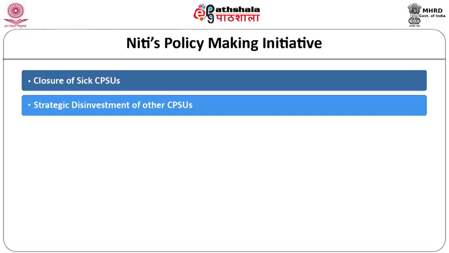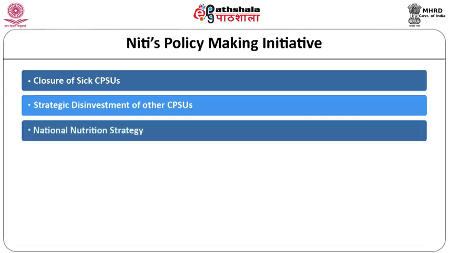By disinvestment, it is going to shed some of its share in terms of percentage, involving other financial institutions and the general public as stakeholders or shareholders, so that more competitive spirit can be generated.